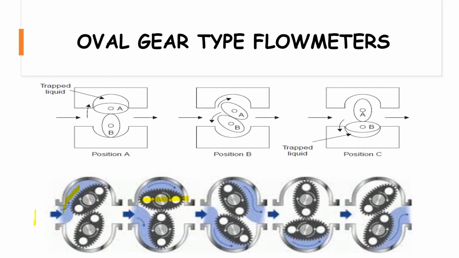So the water is trapped here and the flow goes into B. And again, taking a direction of rotation, the entrapped water in A flows through the next portion, and that moves out finally. The same thing happens to gear B also. When the water flows here, with the help of the counterclockwise direction, water gets entrapped and the water flows out. So this is how an oval gear type flow meter is going to work.